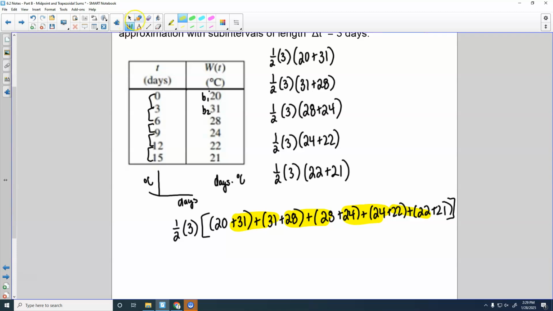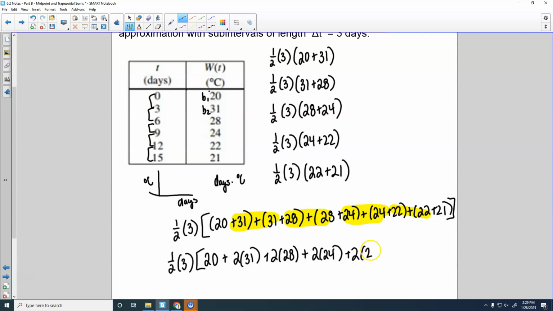So, if I wrote it like this, it would still be equivalent. I could do 1/2 times 3, and then I could do 20 plus 2 times 31 plus 2 times 28 plus 2 times 24 plus 2 times 22 plus 21.